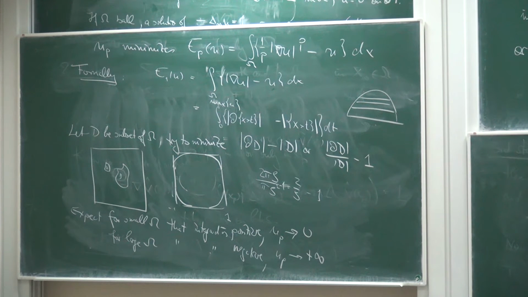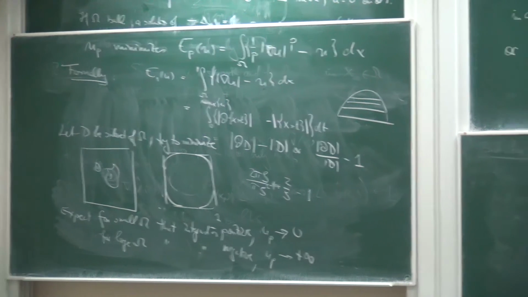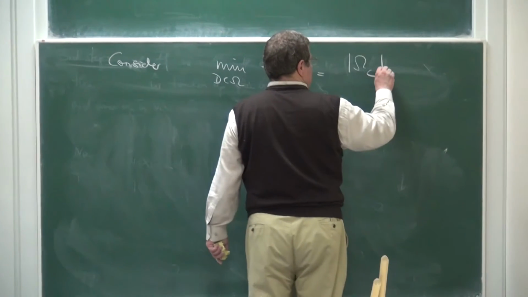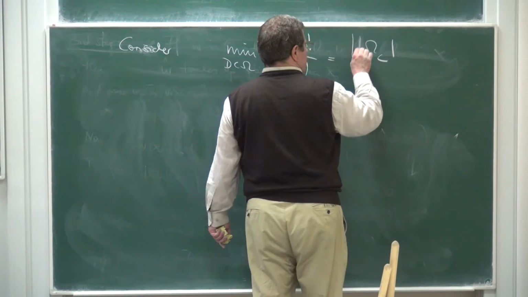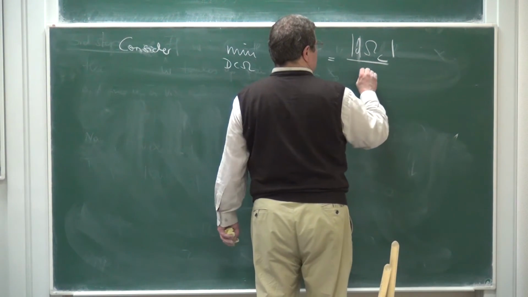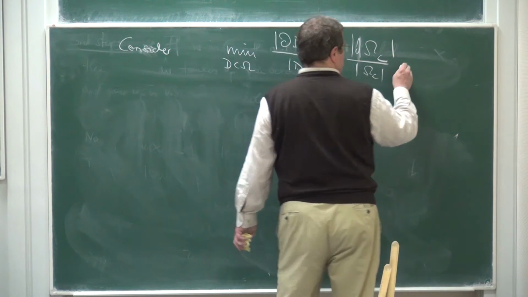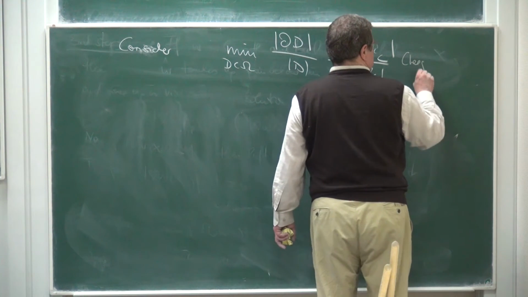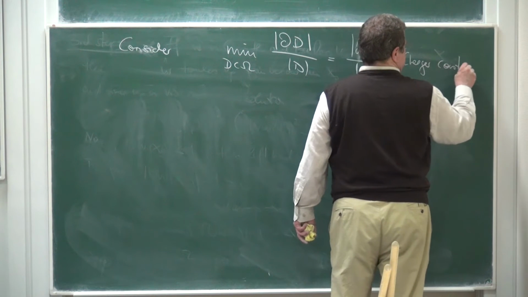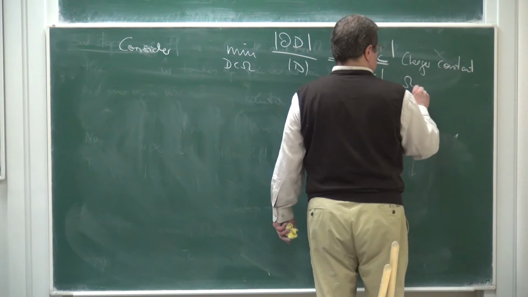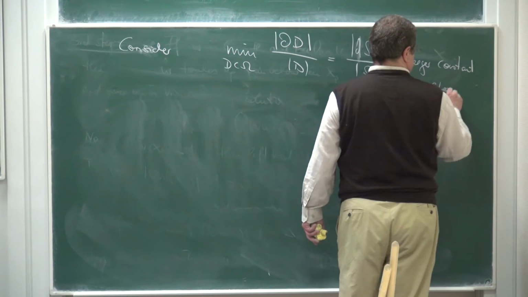And we call that the Giga set connected with omega. Well, this is called the Giga constant. And omega c is the Giga set.